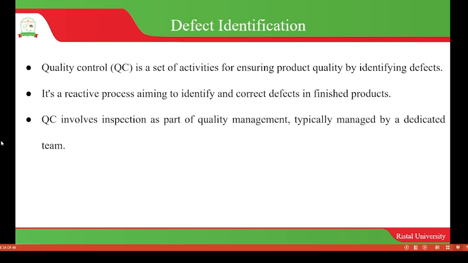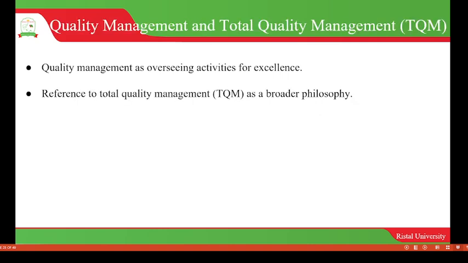It is a reactive process aiming to identify and correct defects in finished products, and it involves inspection as part of quality management, typically managed by a dedicated team. We discussed this when we were discussing quality control, and then quality management and total quality management.